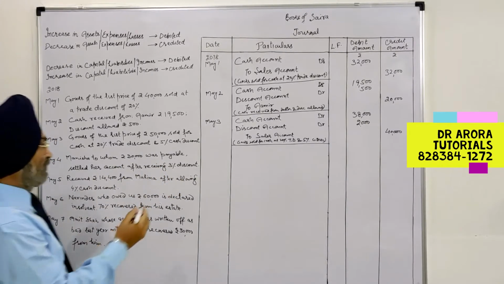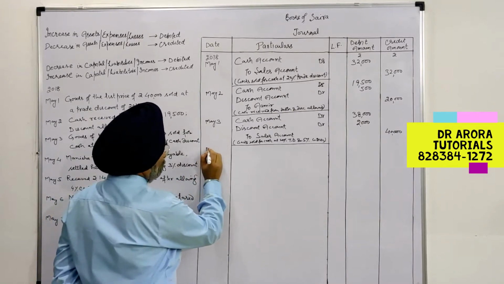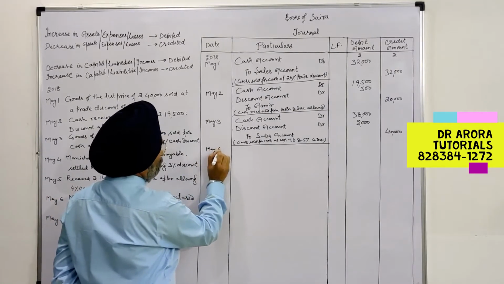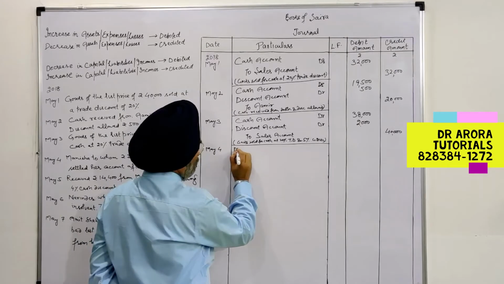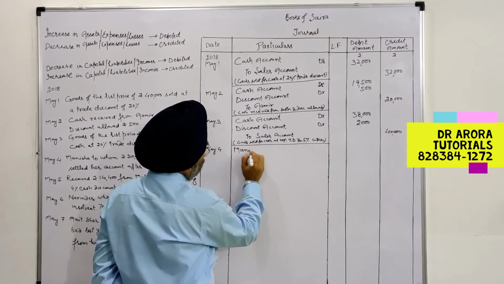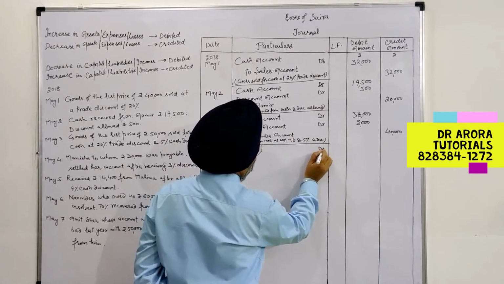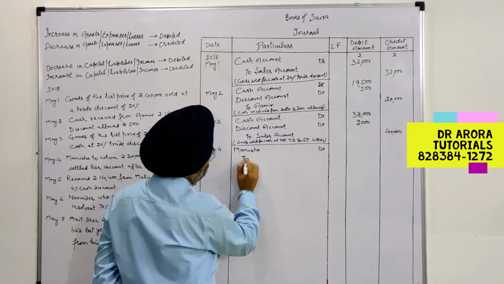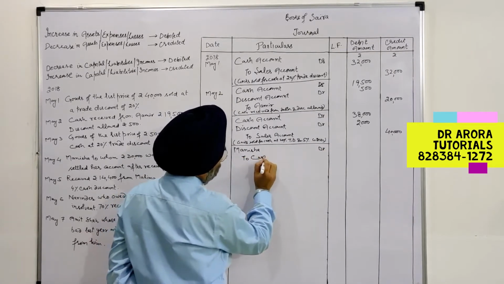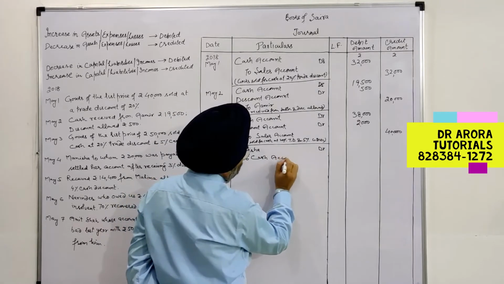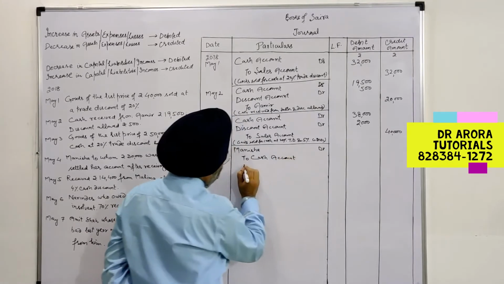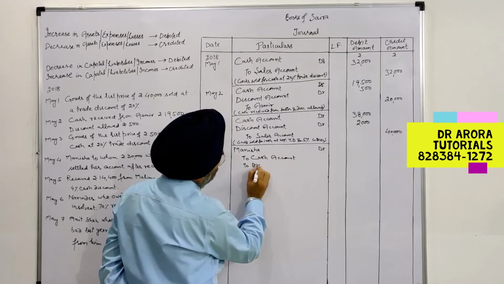Because our liability is decreasing towards Manisha, decrease in liability is debited, or debit the receiver, and decrease in cash is credited, and we received a discount.